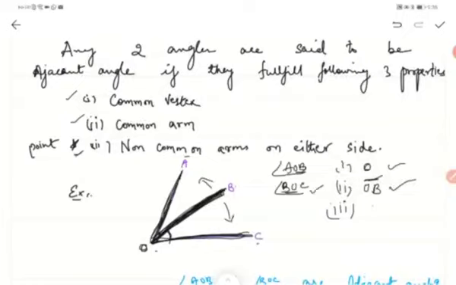OA is not there in this angle, and OC is not there in this angle, so they are non-common arms on either side of your common arm OB. So to the common arm OB, you have OA and OC as non-common arms on both sides, this side and also this side, this OC. So your angle AOB and this angle BOC are adjacent to each other.